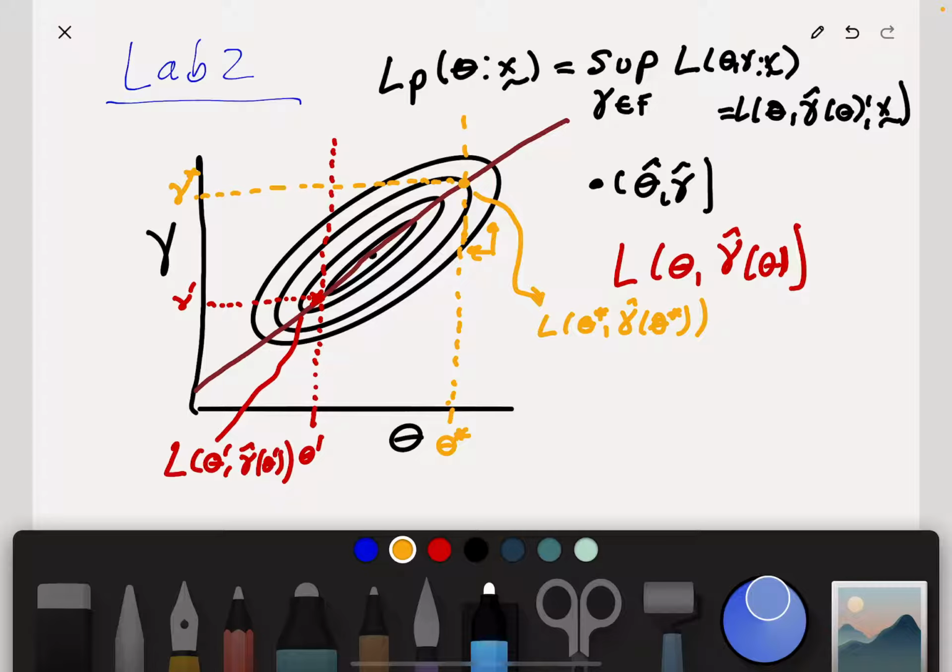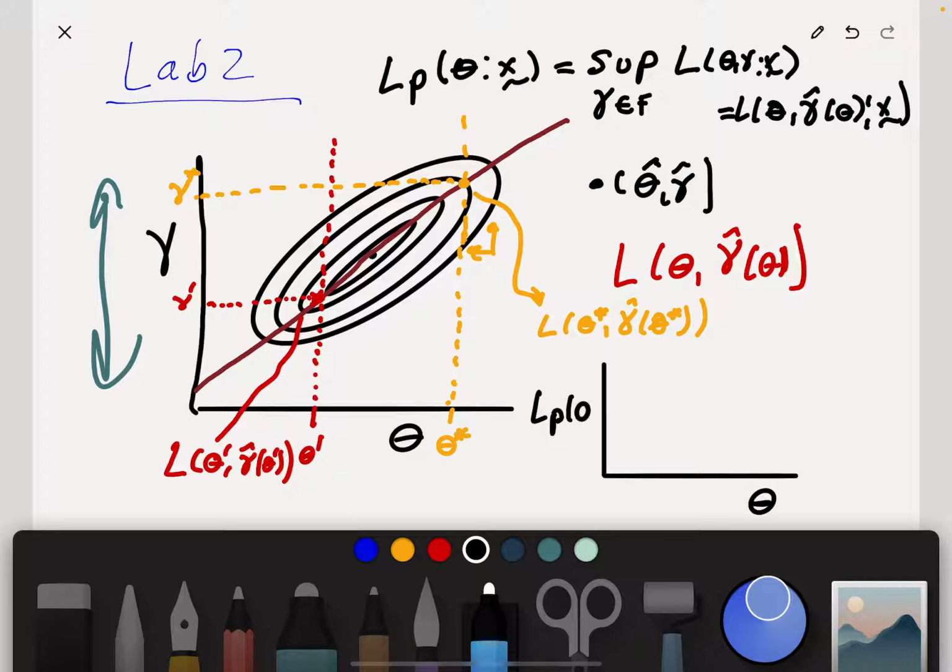So the mistake I made was that the profiling goes like this. You're trying out and looking for the best gammas for every theta, and so it's this brown line. If I were to draw this in one dimension, here's theta, and on here would be L_P of theta. Then what I get is effectively this brown or rusty colored line that looks like this.